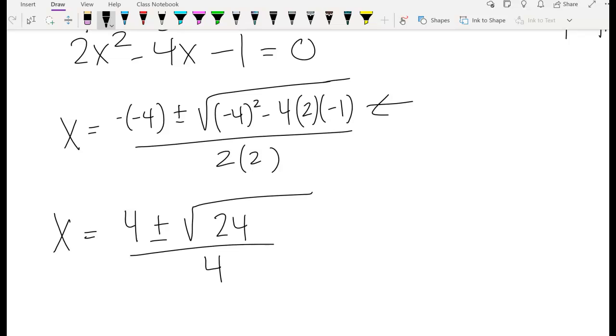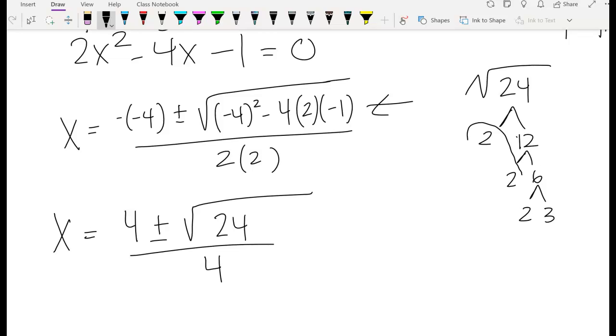So we then see, can we break down the square root of 24? So 24, remember 2 and 12, 2 and 6, then 2, and 3. So remember, with square roots, we want pairs that can break out. And then 2 and 3 don't have a pair, so they stay inside and they multiply on the inside.